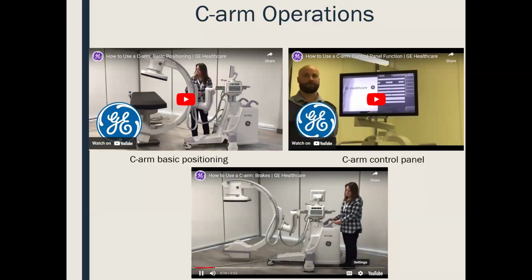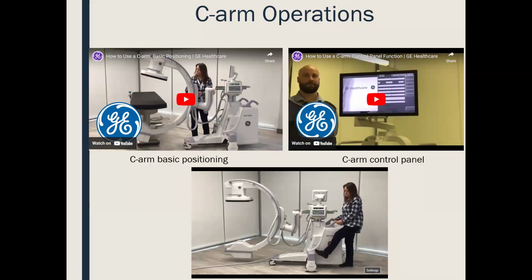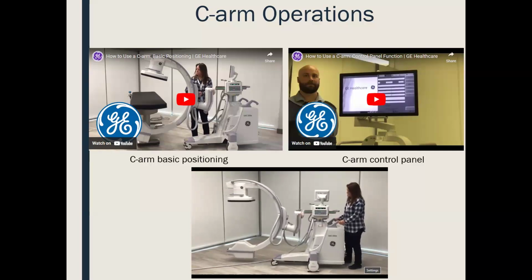So we're going to go over the locks and brakes on the GE Elite C-arm. The first one we're going to go over is the actual brake lock of the C-arm, the floor lock. You depress the pedal down, it allows no motion forward or backward of the system. When you unlock it, it allows complete motion forward and backward. The next one is the steering handle.